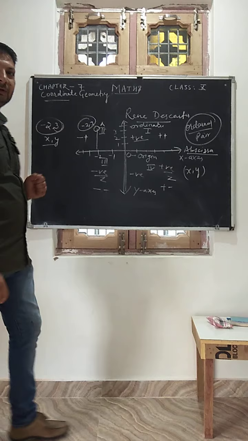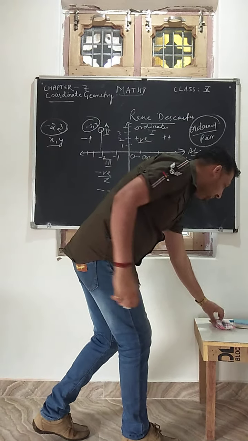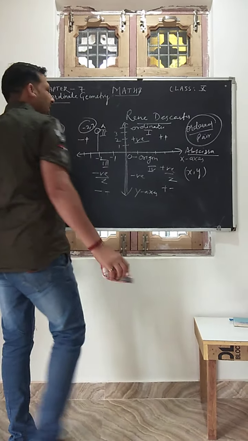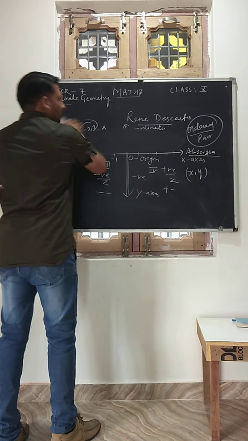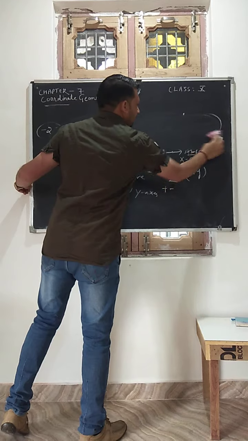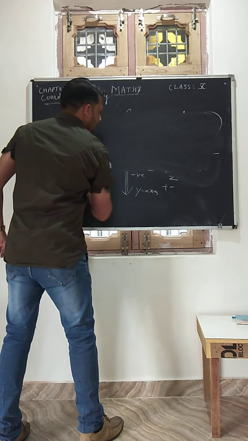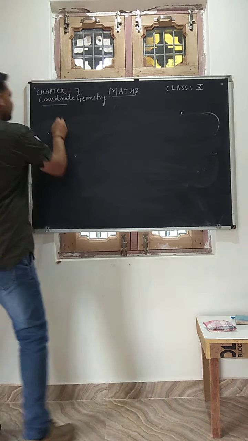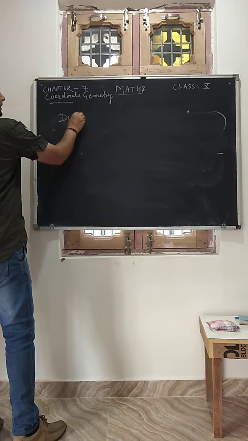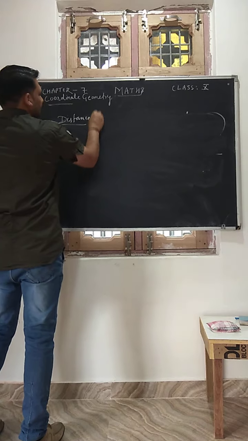Now my dear students, we will take the next topic, which is very important for class 10th, that is the distance formula. Now look, we will discuss the distance formula. See, it is the first topic of the 10th class.